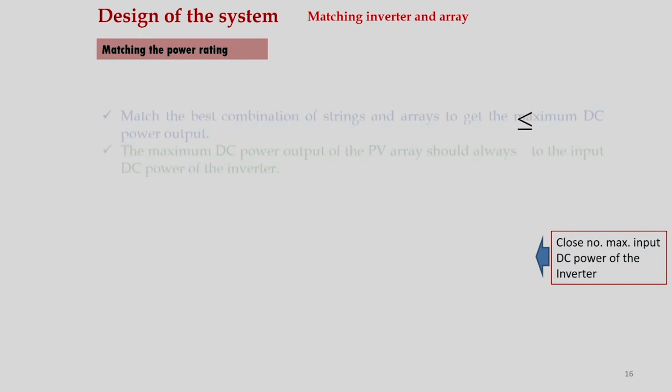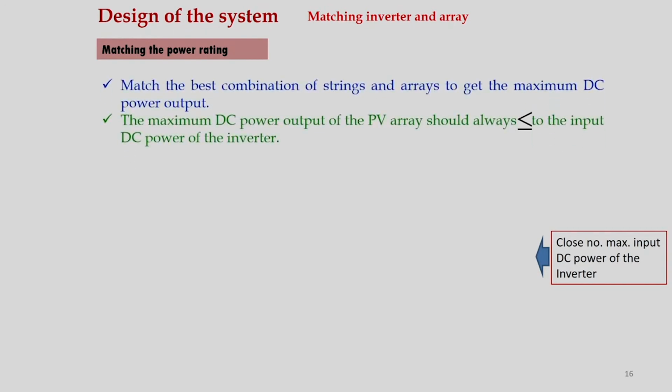Now, what we need to do is match the best combination of strings and arrays to get the maximum DC output. The maximum DC power output of the PV array should always be less than or equal to the input DC power of the inverter. This condition is very, very important.